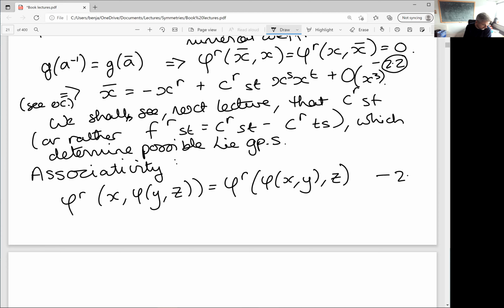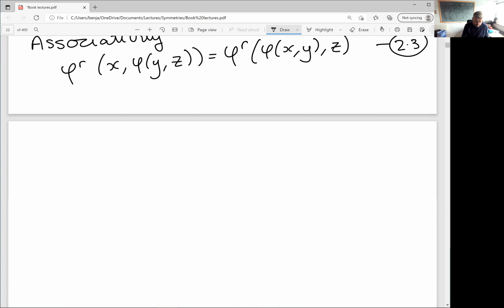This is equation 2.3. It's these numerical coefficients, which also satisfy this associativity condition, that will determine the possible Lie groups. Okay, so now let's go on to Lie algebras. We want to look near the identity and see how the Lie group is defined near that.